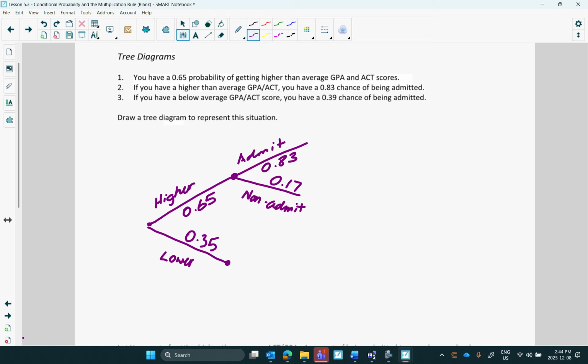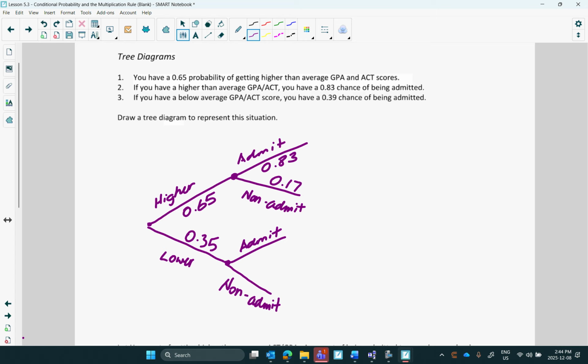If we have a lower than average GPA and ACT score, again, two things could happen. Maybe I get admitted, maybe I don't. One would think that the probability of getting admitted would be lower here. And it is.